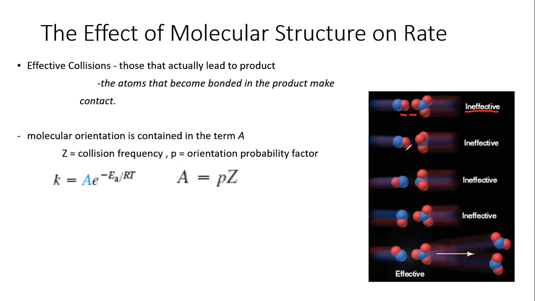Now if the oxygen on NO reacts with the nitrogen on NO3, no reaction occurs. Now if the two nitrogen atoms collide, so the nitrogen on NO and the nitrogen on NO3, no reaction occurs. And then if the nitrogen on NO reacts with another oxygen, we see no reaction occurs.